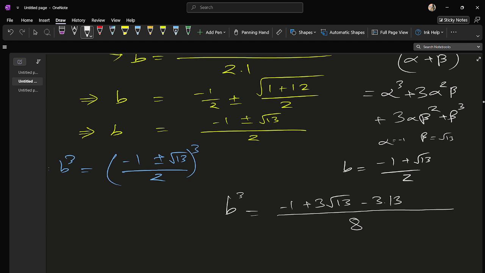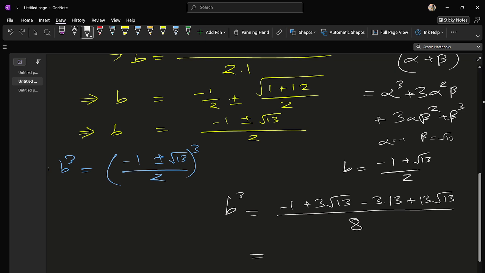So our alpha cube is minus 1. So 3 alpha square beta is plus this, and minus this will be 3 into 13, and after that we will get plus 13 root 13.